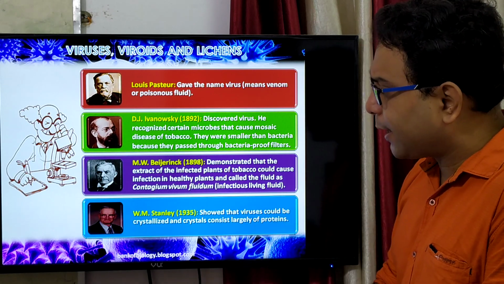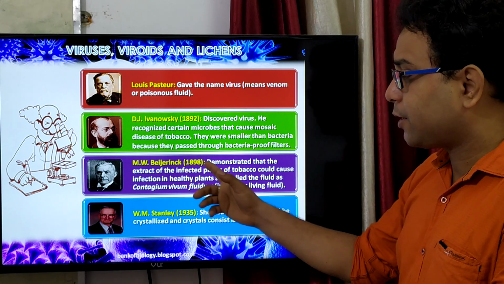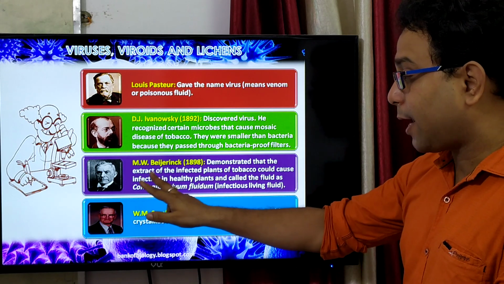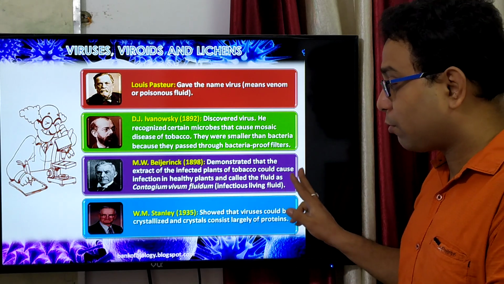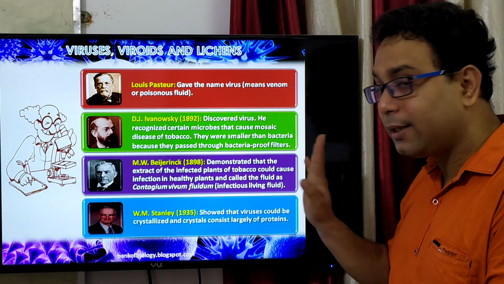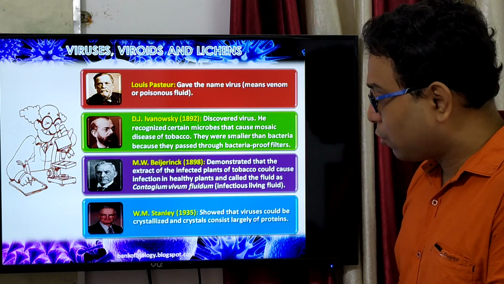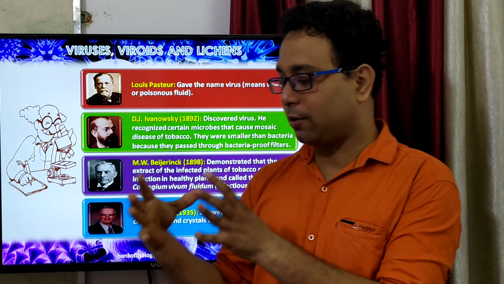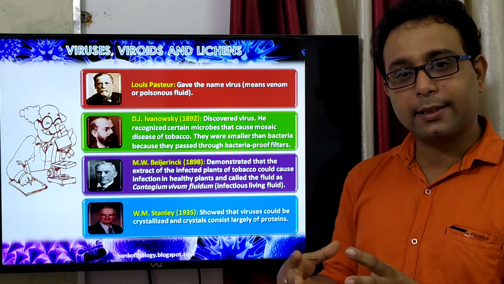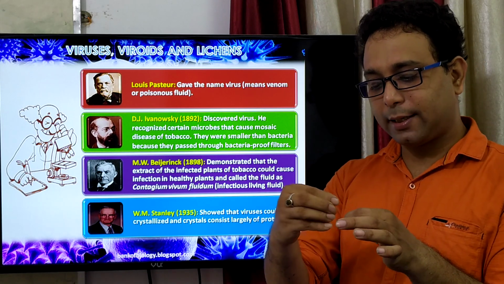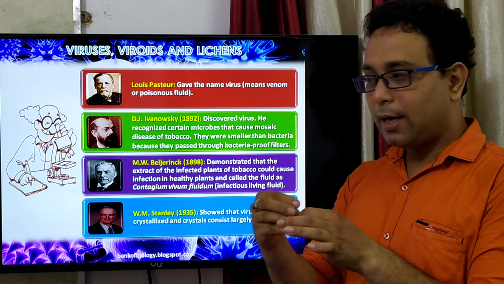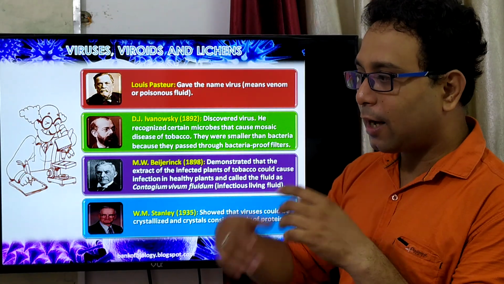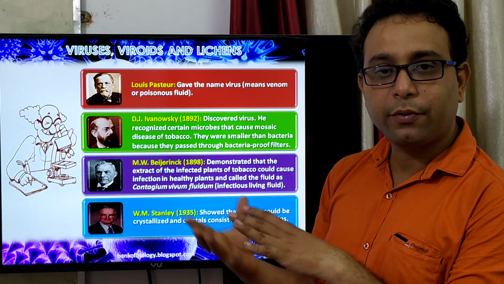But most important, M.W. Beijerinck in 1898 demonstrated that the extract of infected tobacco plants can cause infection of healthy plants also. So it is called a fluid. When a tobacco plant is infected by this virus, if you take this infected fluid and spray it onto another plant, you observe that the other plant also becomes infected.